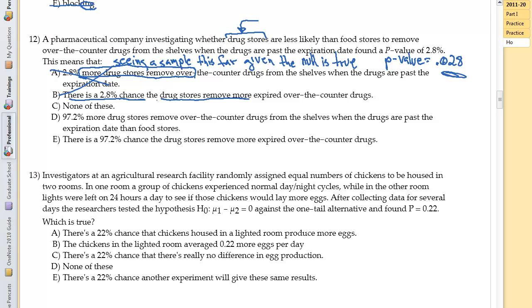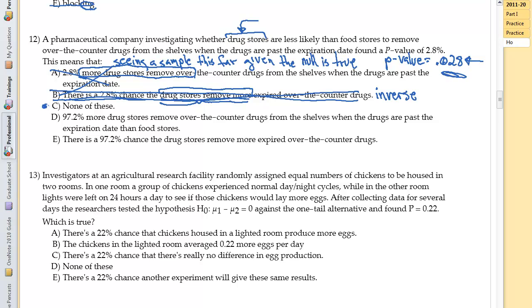It's a 2.8% chance of seeing what we observed, assuming that the null hypothesis of no difference is true. And in fact, with such a small p-value, we would probably say that the drugstores do remove more expired over-the-counter products than food stores. And so this 2.8% chance is really the inverse statement here, and so this is not going to be true. And I could see how it would be a little tricky.